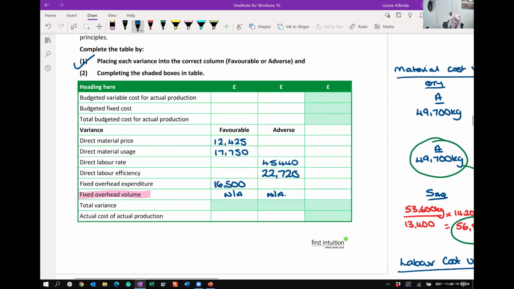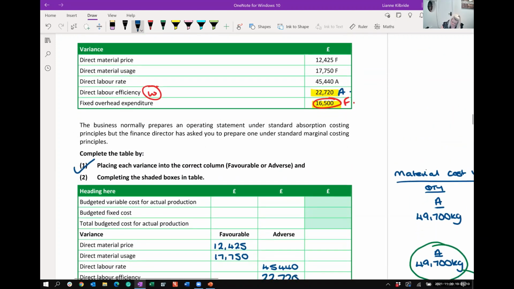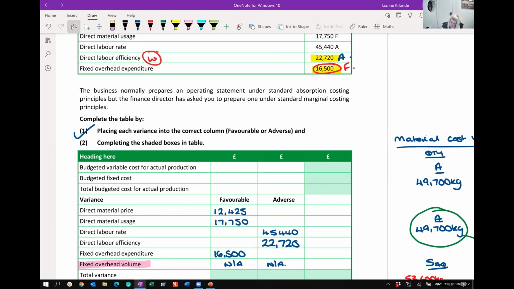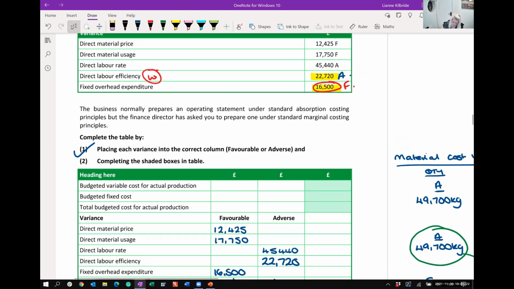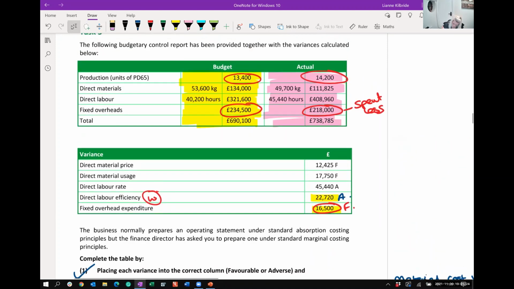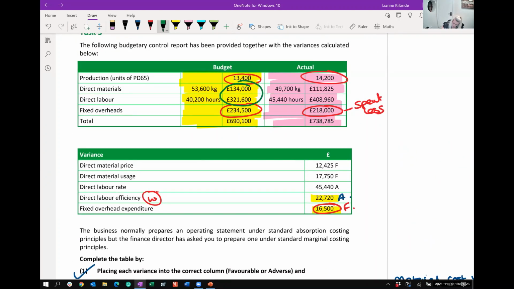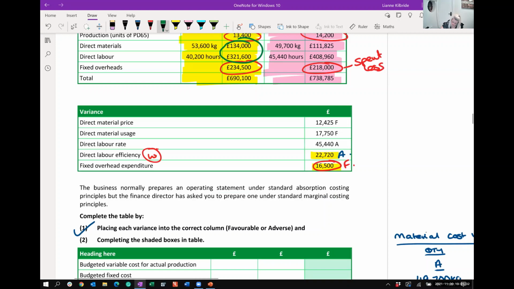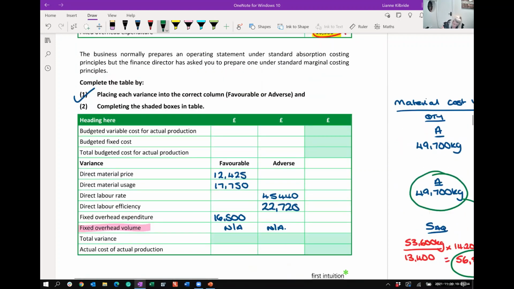So the first thing that we're going to look at is the top section, the budgeted variable cost for actual production. If we go back up to the table, we have got two figures here. They're your budgeted variable costs. So all you're going to do is add those two figures up.